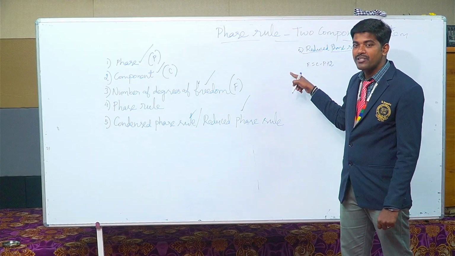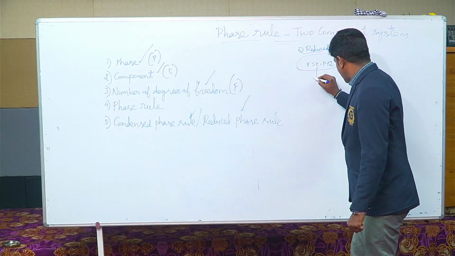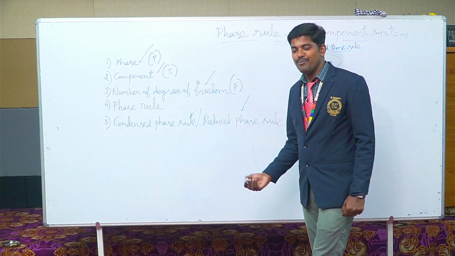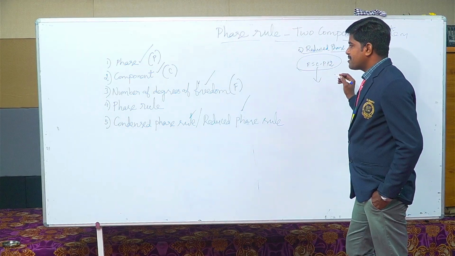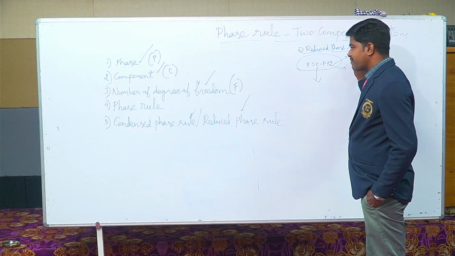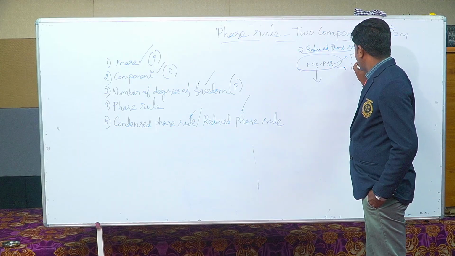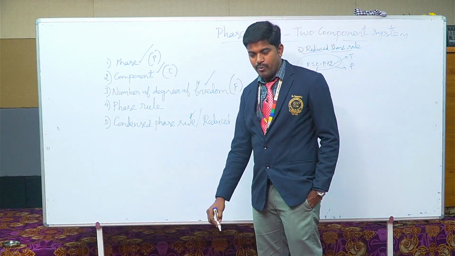This is not the reduced phase rule; this is the phase rule. Now this will become reduced. How will it become reduced, sir? See, the number 2 represents two variables, as I already told: one variable is temperature, another variable is pressure. There are two variables present in this equation.